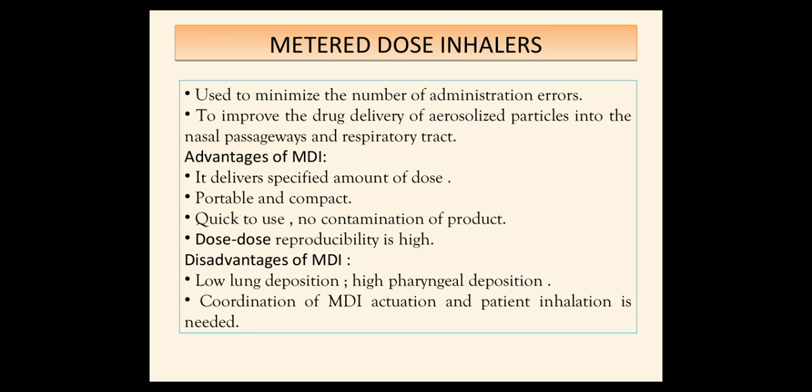Portable and compact, quick to use, no contamination of product, and dose reproducibility is high. Disadvantages of metered dose inhaler are low lung deposition, high pharyngeal deposition, and coordination of metered dose inhaler actuation and patient inhalation is needed.